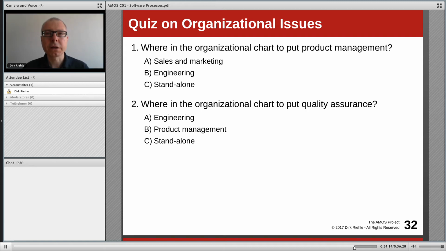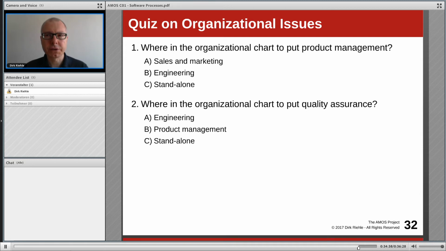So I think that it's actually a consensus, or it should be a consensus, that product management should be standing alone, which is not necessarily the reality. Product management most of the time is still in sales and marketing, and also sometimes in engineering, and not nearly as often is it standalone.